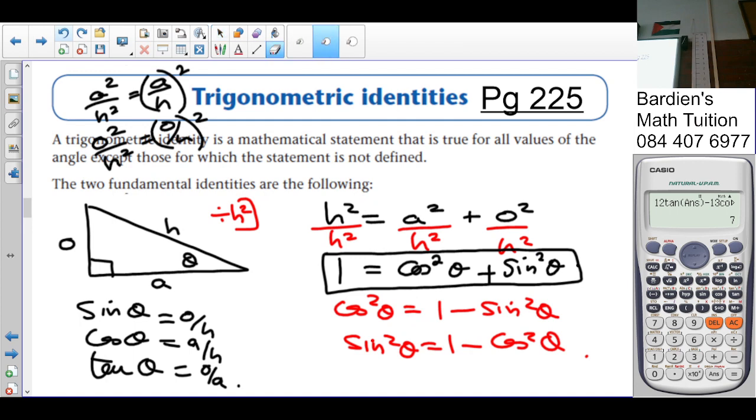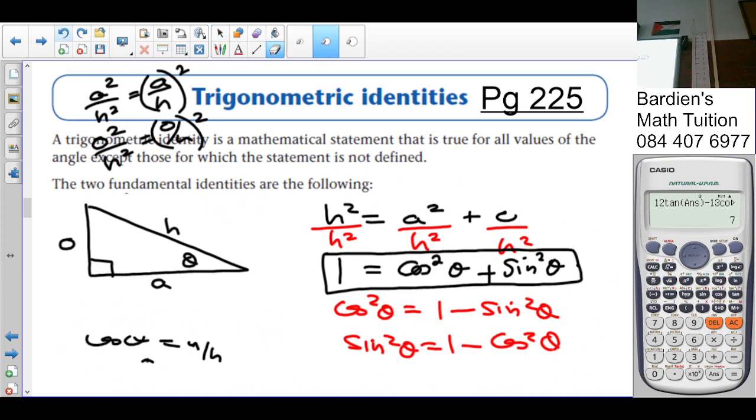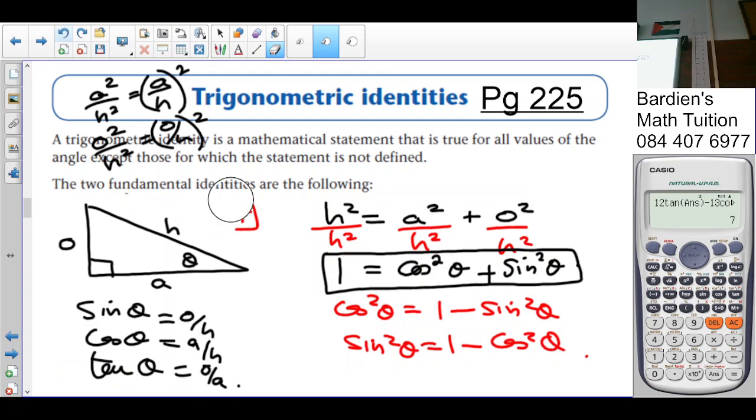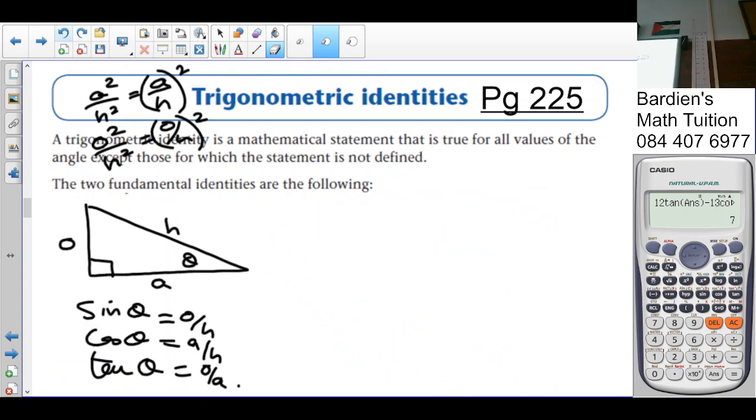And let's take this one. Let's try something different. Let's see what sine of theta divided by cos of theta would give us.